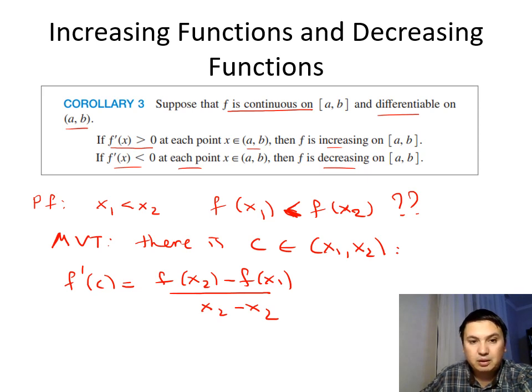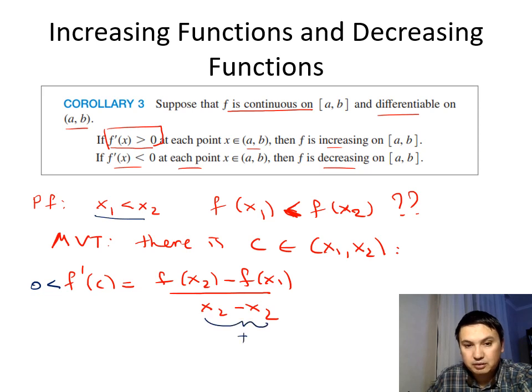Now, in the first case, let's assume that all the derivatives are positive. This means, in particular, that f prime of c is also positive. What is x2 minus x1? The denominator is positive. Then the numerator must be positive, because the only way you can get a positive is to divide a positive by a positive, and we already know the denominator is positive.